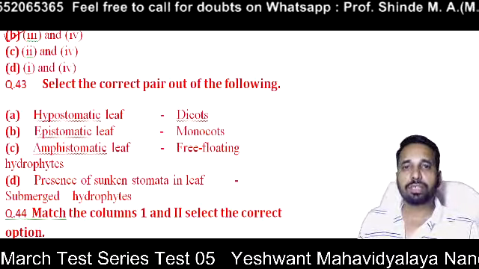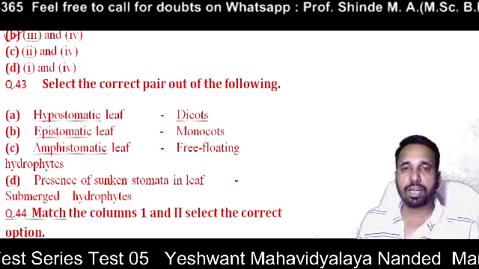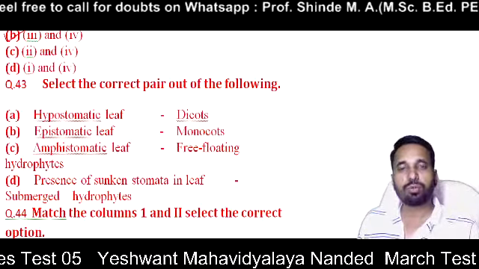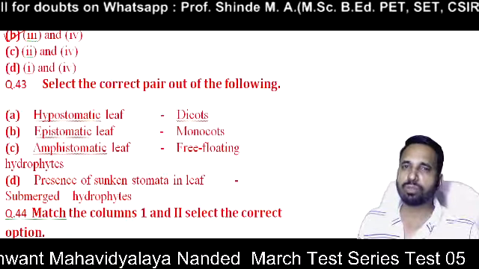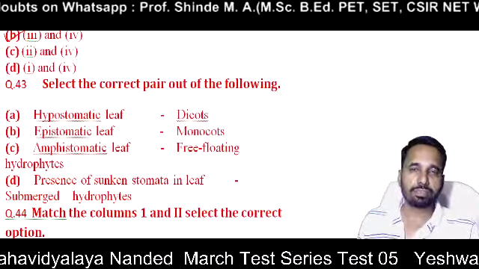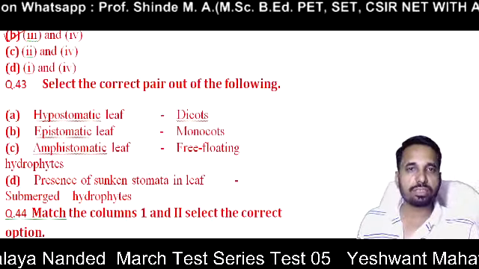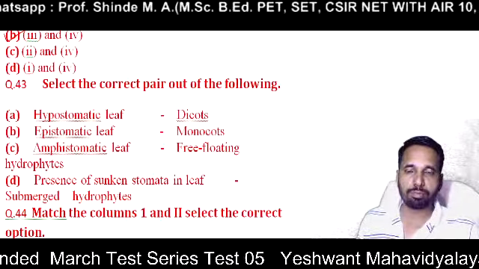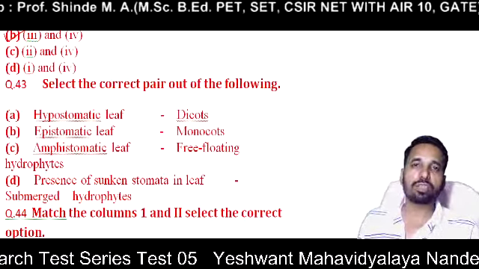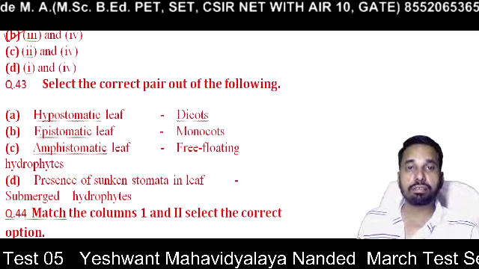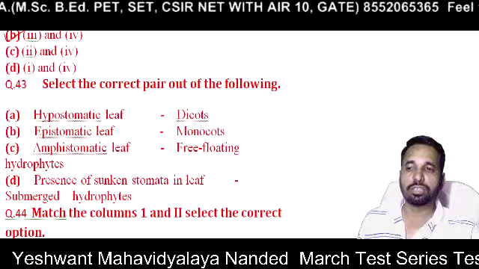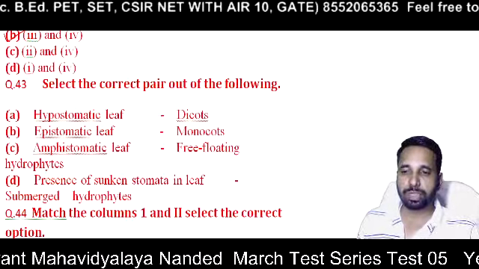If plant is aquatic one and if it is submerged one, is it possible that it will have stomata? No, at all. If the plant is totally submerged inside the water, then there will be no stomata. But if plant is floating on the water surface, then its upper surface could be with stomata. So such leaf is said to be epistomatic.